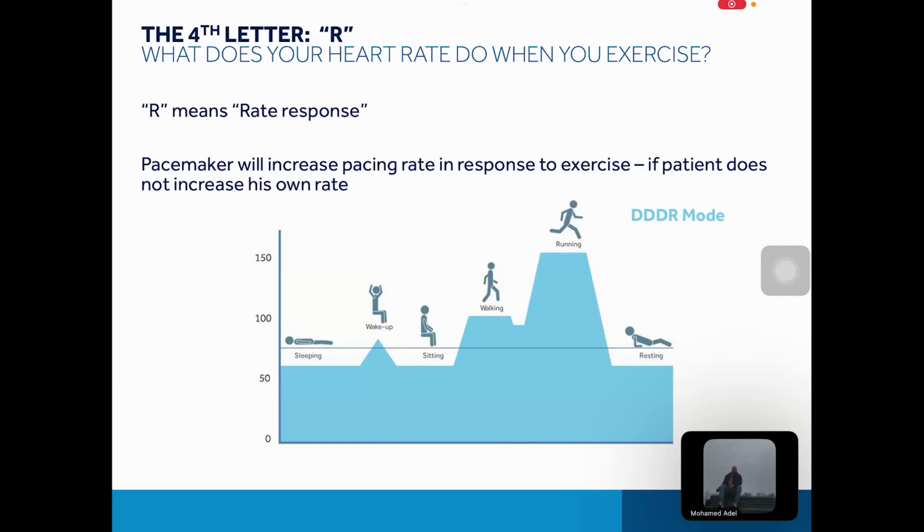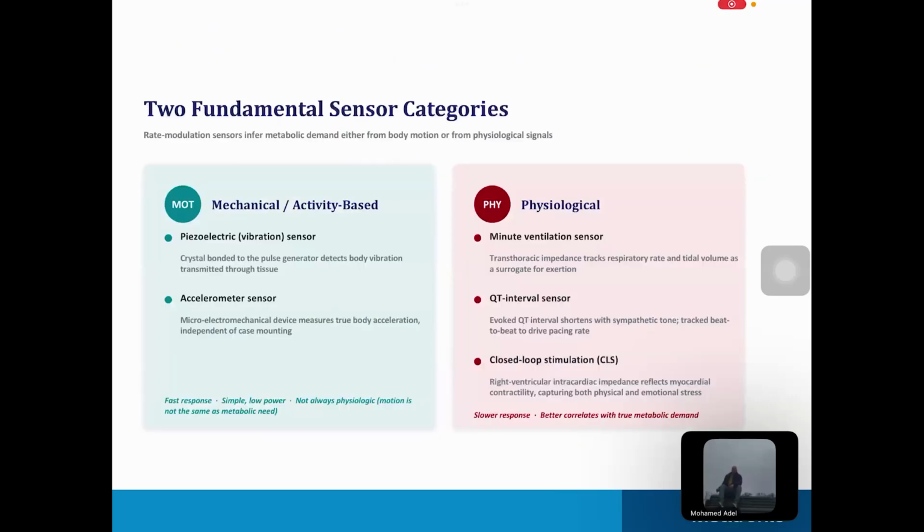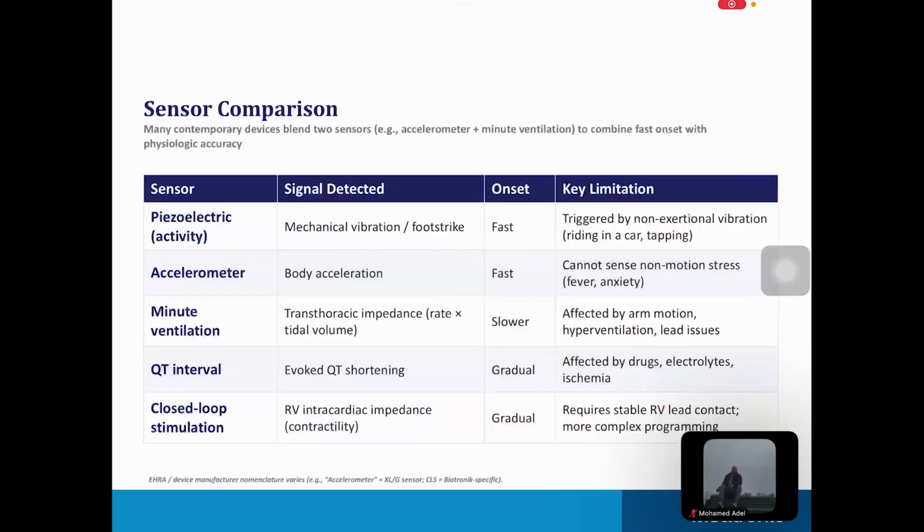A certain sensor in the pacemaker can measure the impedance of the chest wall during respiration, the respiratory rate. If there is acceleration of respiration, we will discuss the impedance type of sensor, the thoracic one. There are 4 or 5 types of sensor. First, the activity sensor.